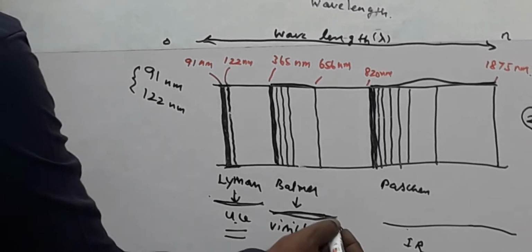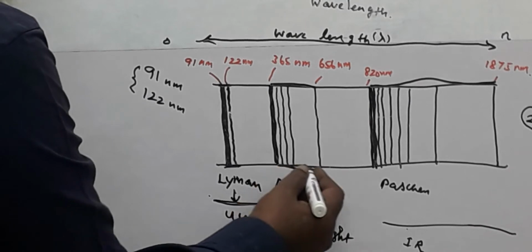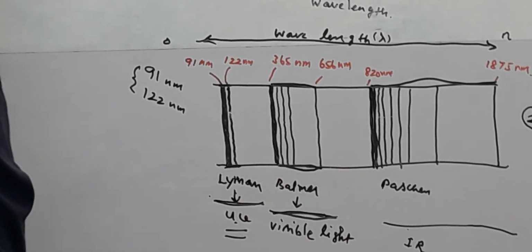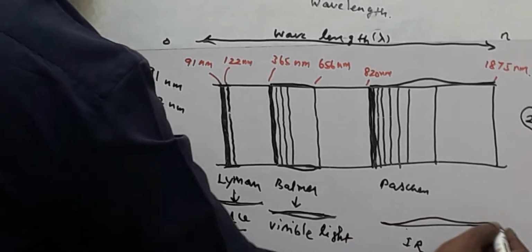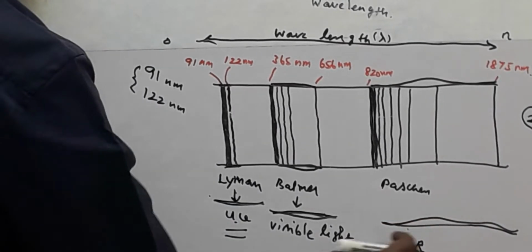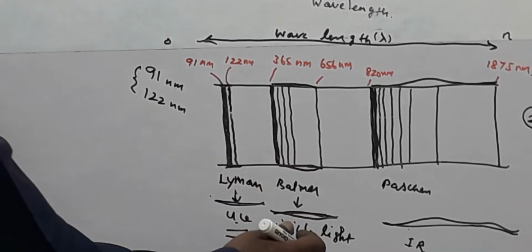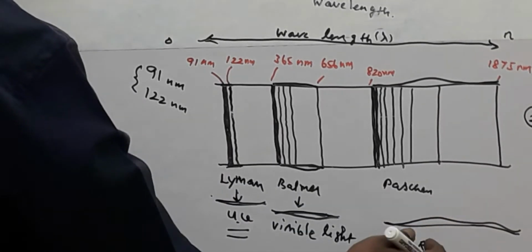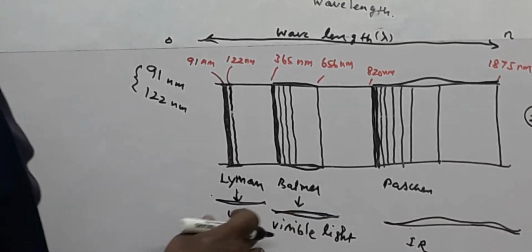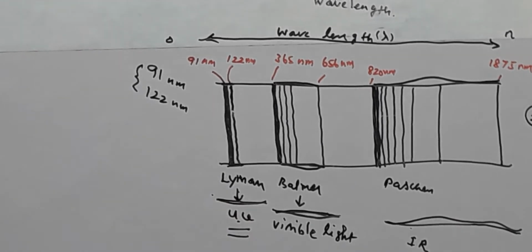This is called visible light, VIBGYOR. Above that are called infrared rays. So the center is visible light. Above the visible wavelength is infrared. Below the visible wavelength, it is called ultraviolet.